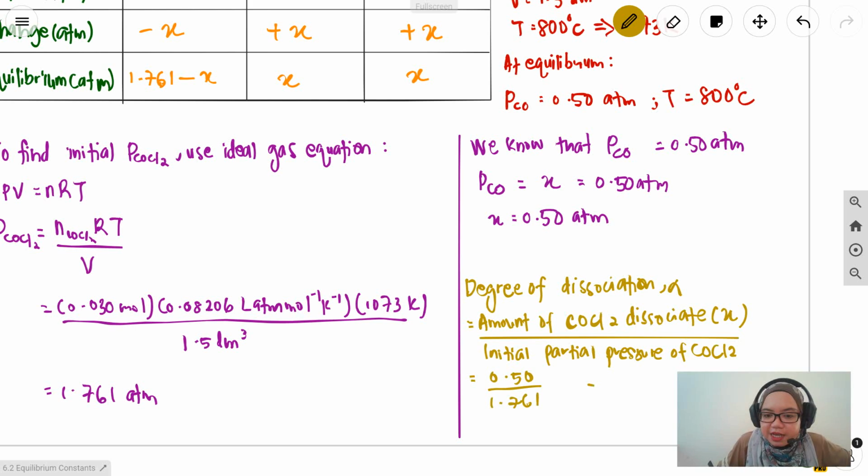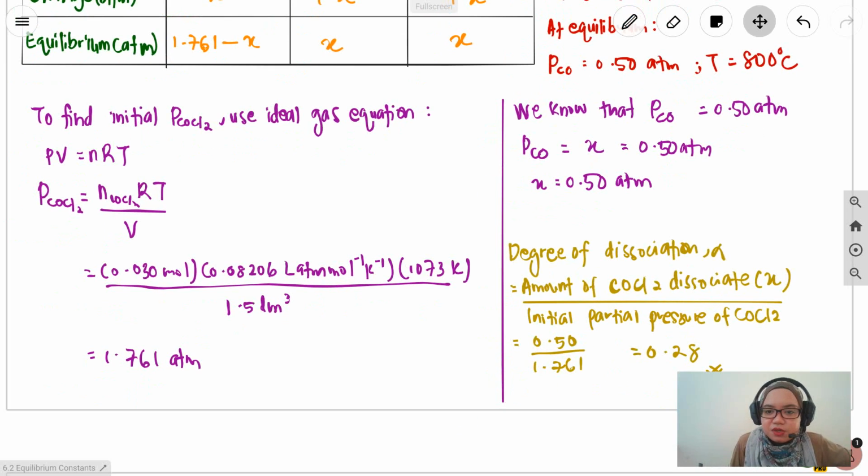You will get the degree of dissociation is 0.28. Okay. No unit. Sebab this one cancel each other, so no unit. Okay. So degree of dissociation has no unit. So this is 0.28 lah the answer. So this is how you find the degree of dissociation. So X over C, initial partial pressure.